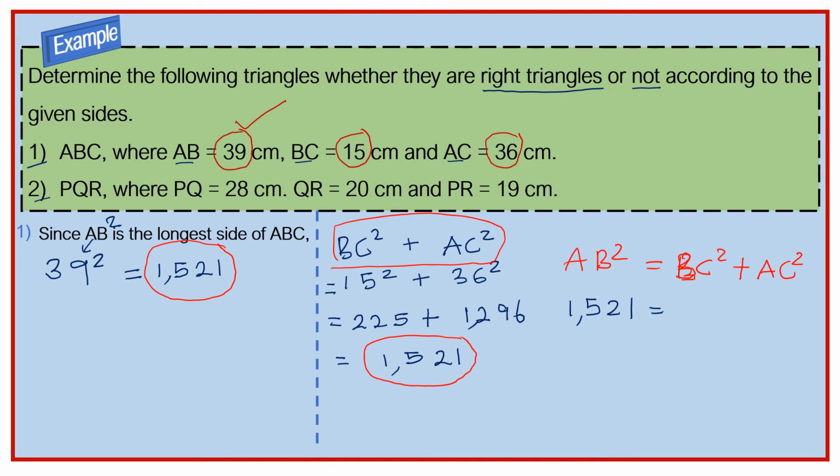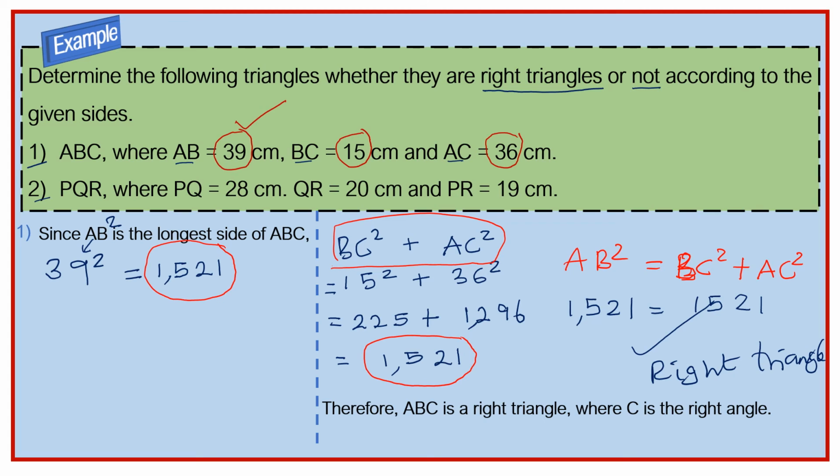Also, BC squared plus AC squared is 1521. So it means that this is a right triangle. Okay? So ABC is a right triangle and C is the right angle.